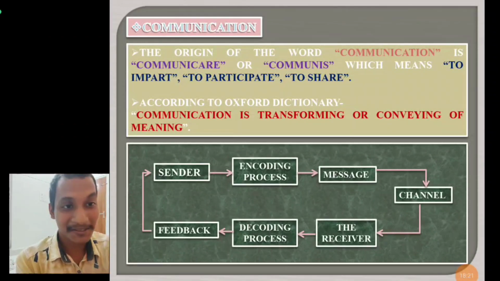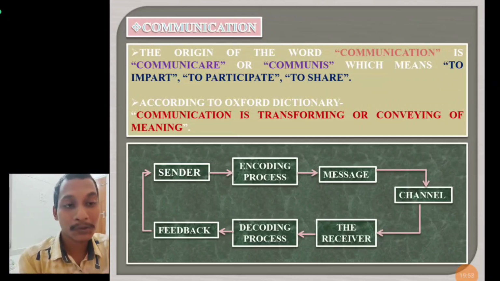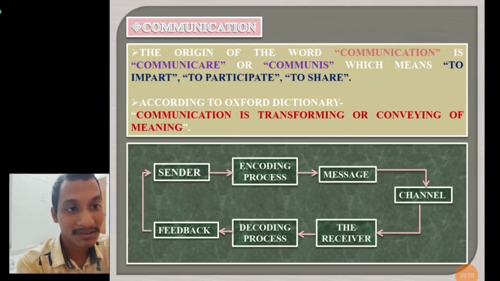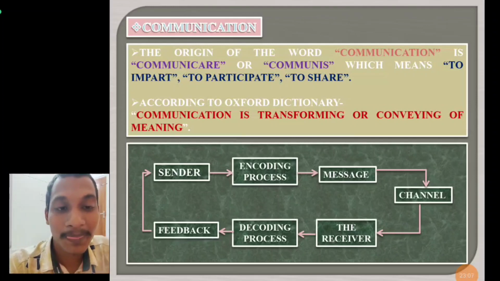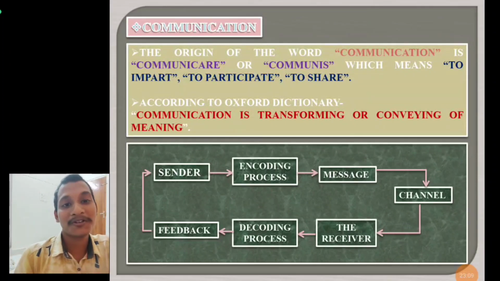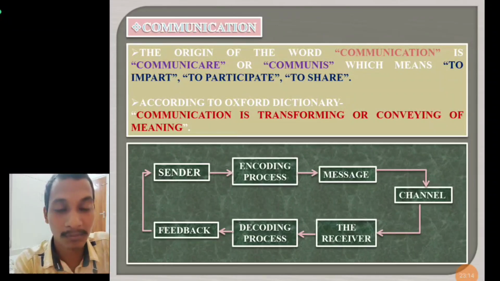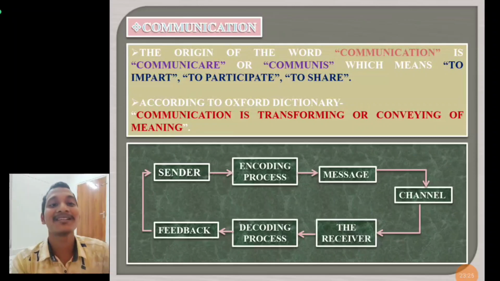The car is loaded, that means the message is created, and this car goes through a channel, that means the car goes through a road, and this road is language, this is a channel. After getting the loaded materials, the receiver obviously checks it, that means tries to decode it, and after decoding, if the material is right or wrong, he provides feedback. We can easily memorize it with this example.